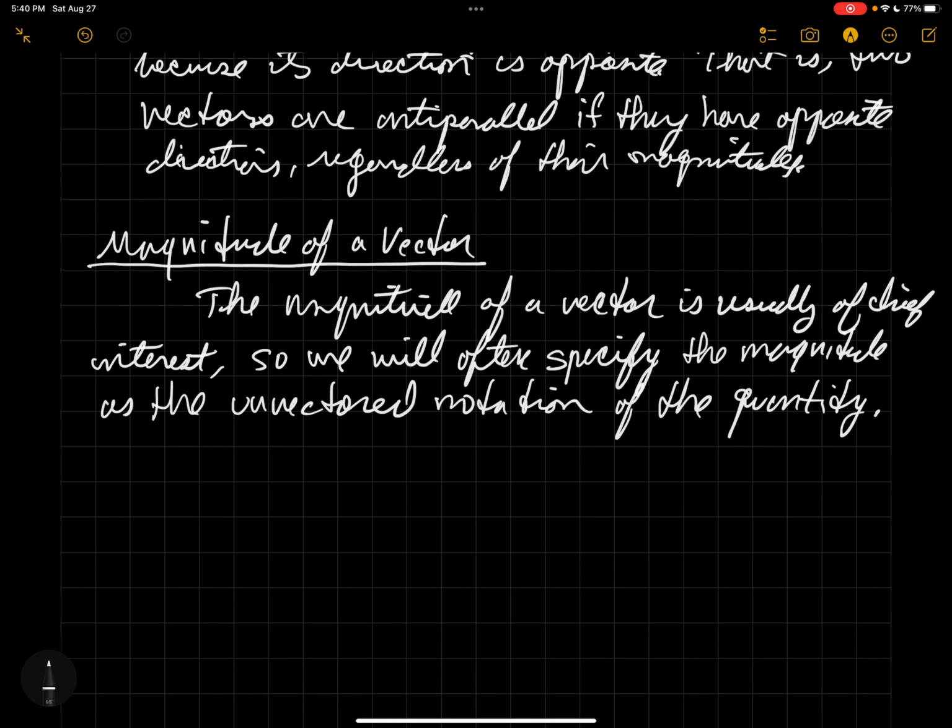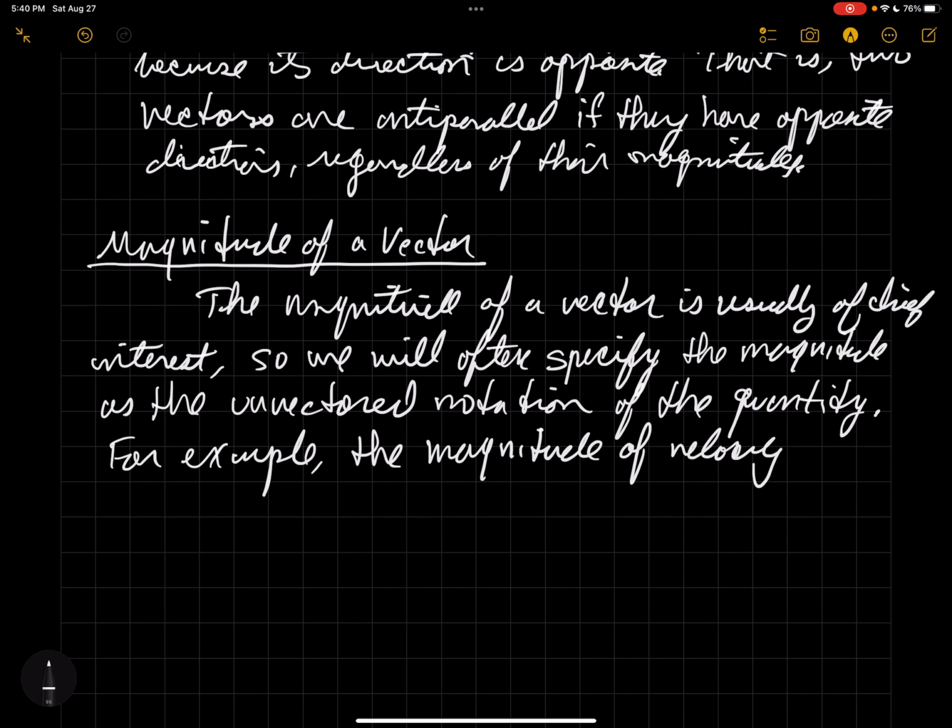So, for example, the magnitude of velocity, which is what we call the speed of something. Whenever we refer to the speed of something, what we're really describing is the magnitude of the velocity vector for that same thing.